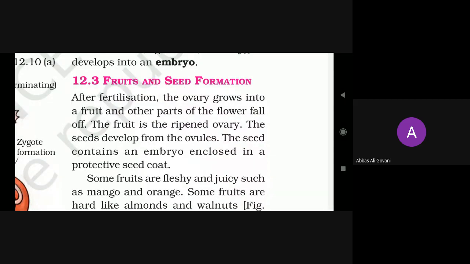The seed contains an embryo enclosed in a protective seed coat. Some fruits are fleshy and juicy, such as mango and orange. Some fruits are hard, like almonds and walnuts. Very good.